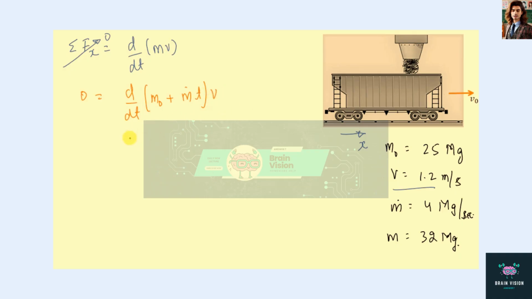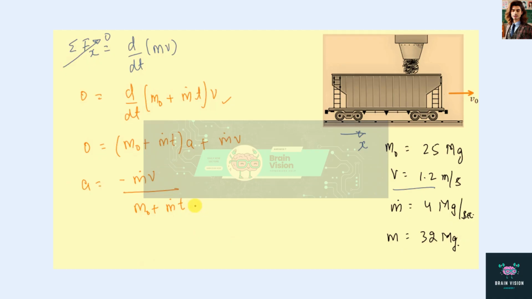Now we can differentiate this, so we'll get 0 equals m naught plus m dot t, times dv over dt, which is acceleration, plus m dot v. We have just used the chain rule here to differentiate this function. From here the expression for acceleration comes out to be minus m dot v divided by m naught plus m dot t.